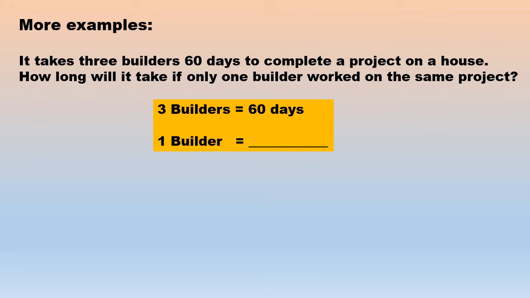With the pirate method you would have started at 1 builder: 1 divided by 3 times 60. Now you start in the opposite corner, at 60 days, and you times first. So 60 times 3 divided by 1 gives you 180 days.